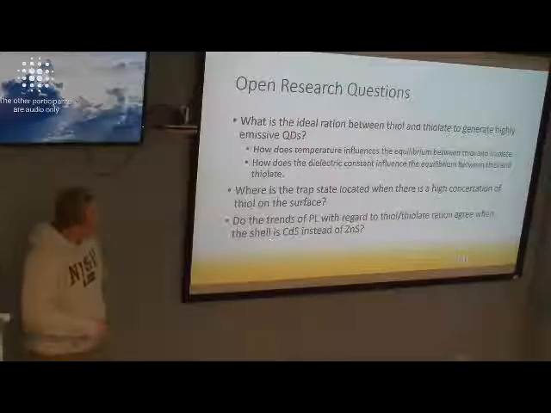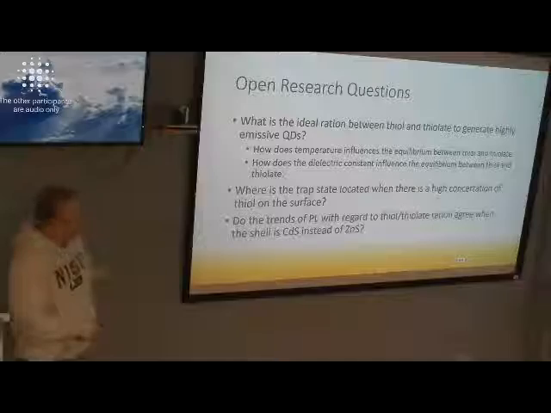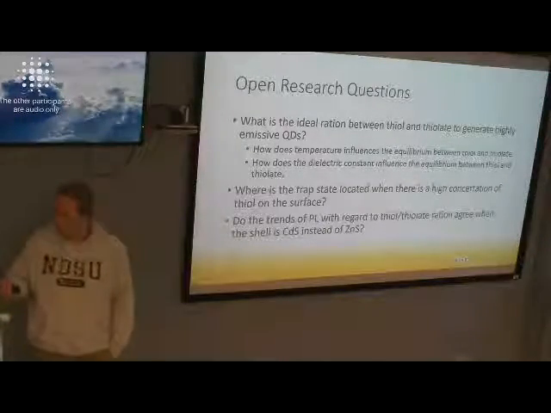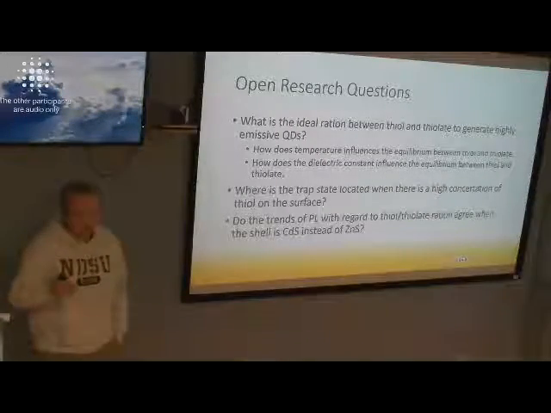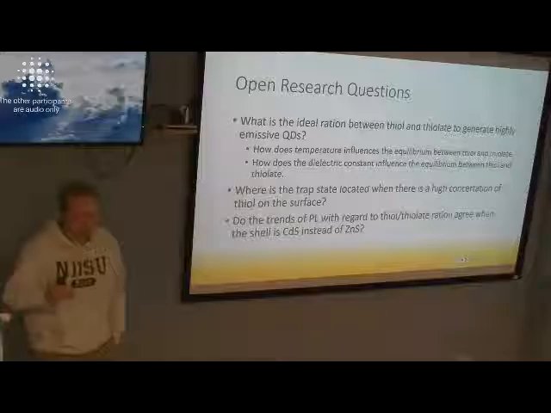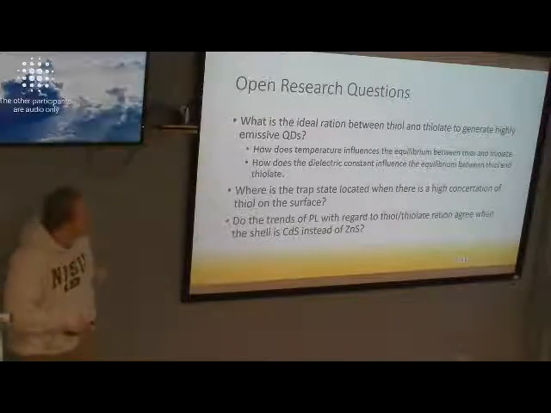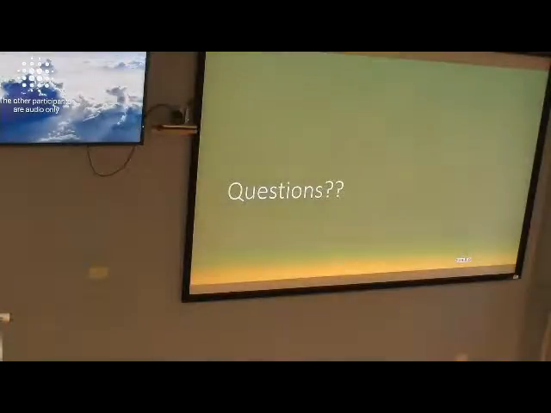So do the trends hold for cadmium sulfide? The reason why this is important is the experimental collaborators are looking at cadmium selenide, cadmium sulfide quantum dots instead of the zinc. So with that, I would like to take questions.